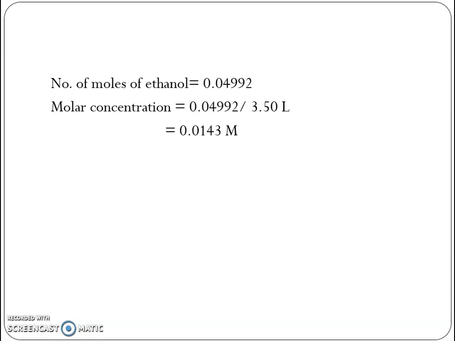So we just have to put it in formula. Or what you can do first is find out the number of moles. So number of moles is weight upon molecular weight. So it turns out to be 0.04992. And to find out molar concentration, you will write number of moles divided by the volume. Here the volume is in liters, so we are not putting 1000 in the numerator. And thus molar concentration of ethanol turns out to be 0.0143 molar.